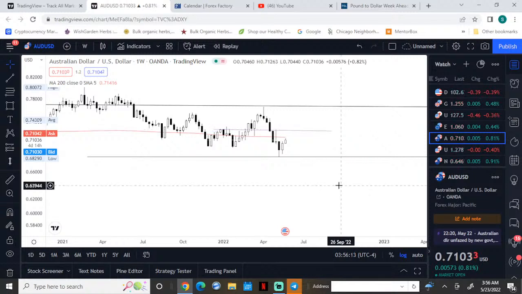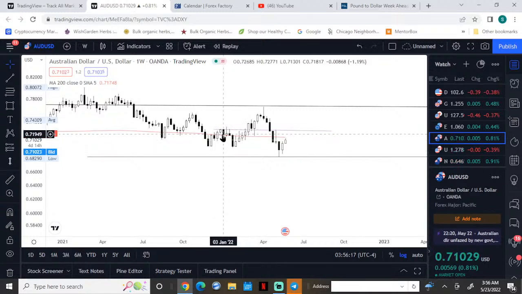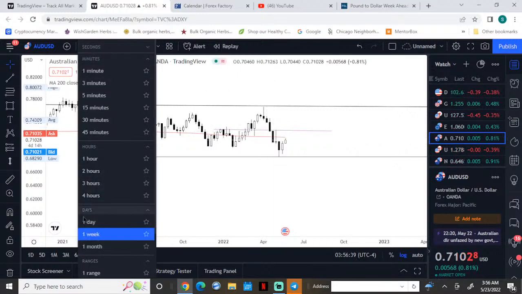So price struggled right here. It came down and it did come up. Retested it right here. It tried to come below, but the candle closed above. And then it broke and retested here. So I'm gonna mark that zone right there.